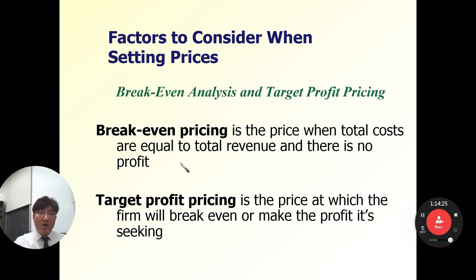Break-even pricing is the price when the total costs are equal to the total revenue and there is no profit, which is the definition of the break-even point. The profit is absolutely zero, not minus, not plus. That is what we call the break-even point.